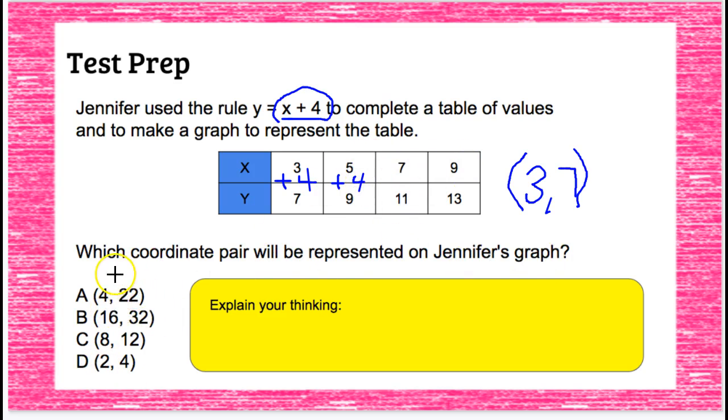Well, if my rule right here is plus 4, 4 plus 4 is not 22, so that would not work. 16 plus 4 is not 32. 8 plus 4, well, that's 12, so that would work. 2 plus 4 is not 4.